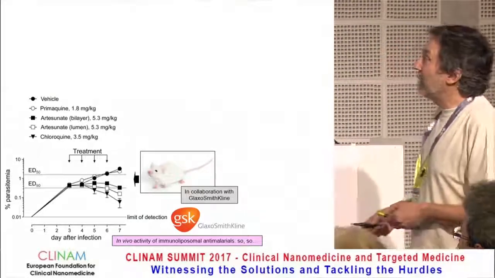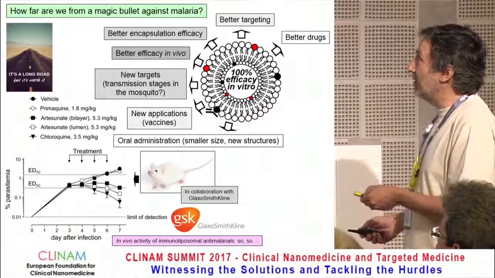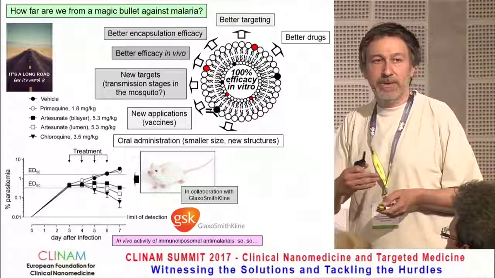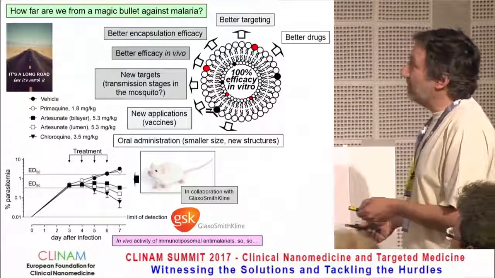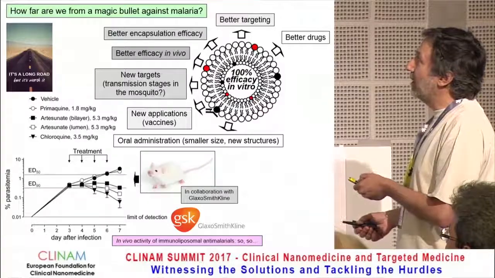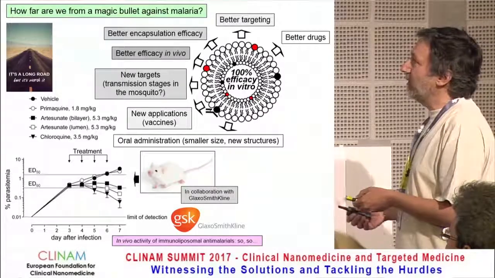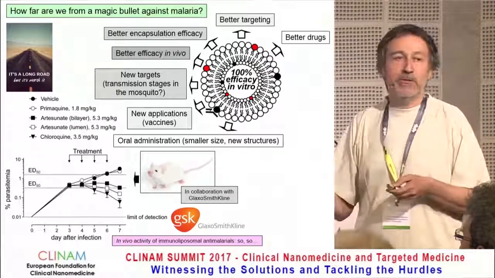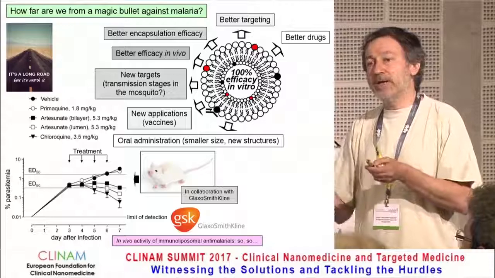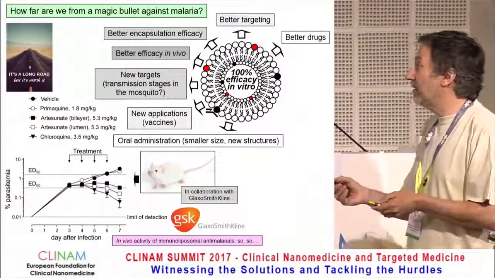What we think that we can do, and this is the aim of the main part of our work, is starting from this original relatively simple nanovector, improving its performance by changing some of the things that it contains: either the drug, the encapsulating structure, or the targeting molecule, which are the 3 essential elements of any nanovector, I think.